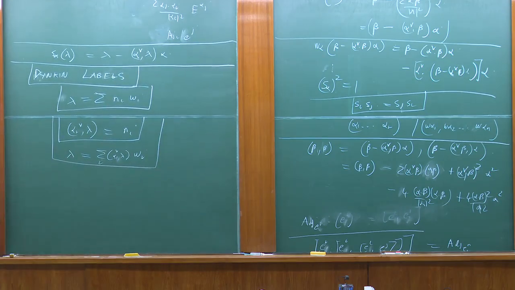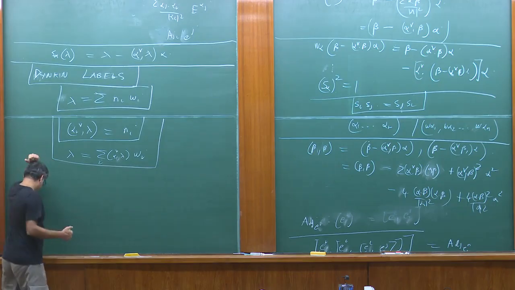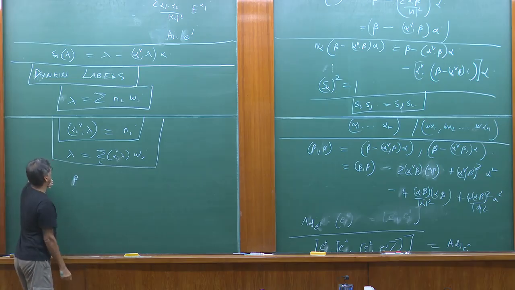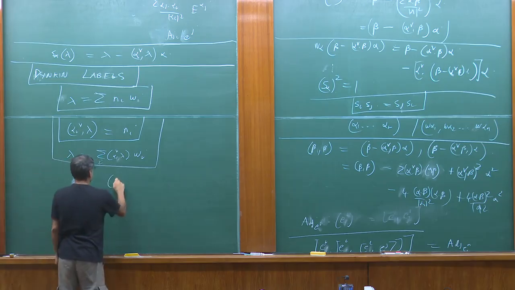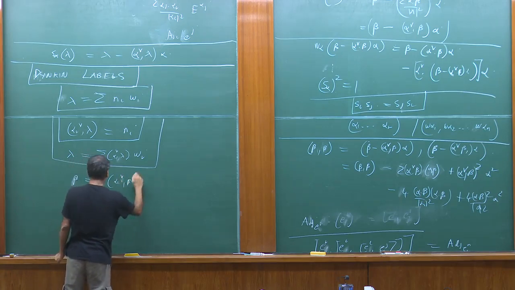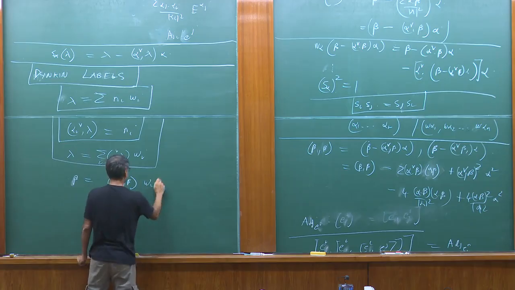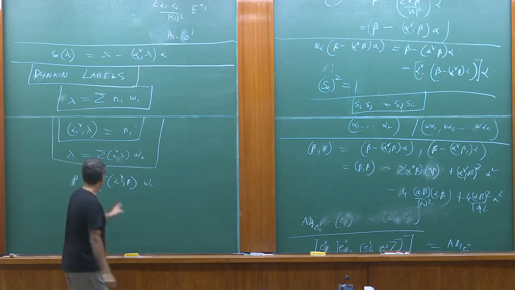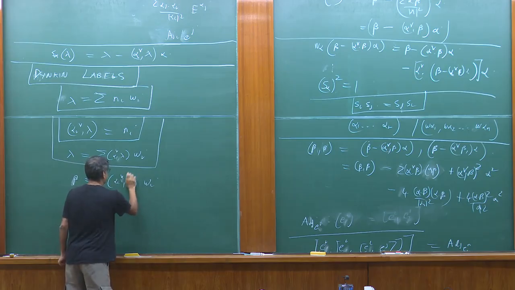On the other hand, suppose we've got a root, let's say beta. It can be written as the sum over i of (alpha_i^vee . beta) times W_i. But alpha_i^vee . beta, let's call the jth root alpha_j.